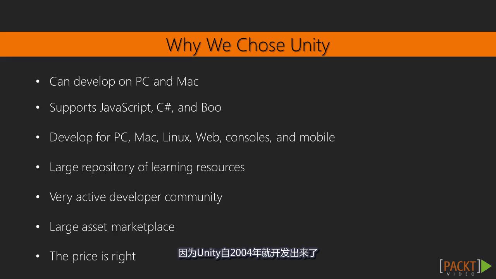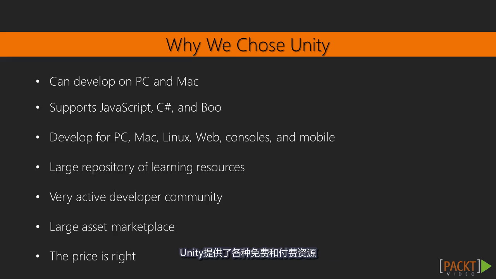Because Unity has been available since 2004, there are great documentation, tutorials, and user content. Nearly everything you can think to accomplish in Unity has been written about or has had a video recorded. This can significantly speed up the learning process. The Unity developer community is very supportive and is quick to lend help to those that seek it.